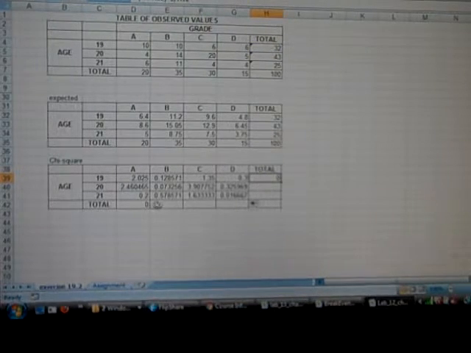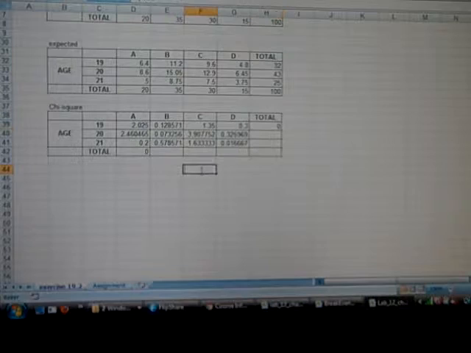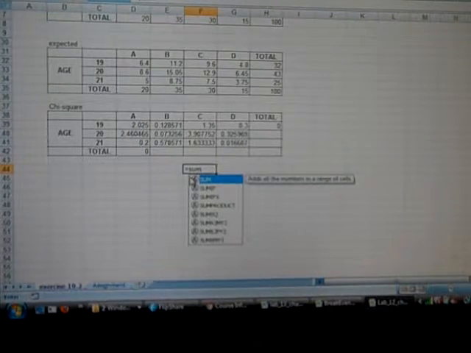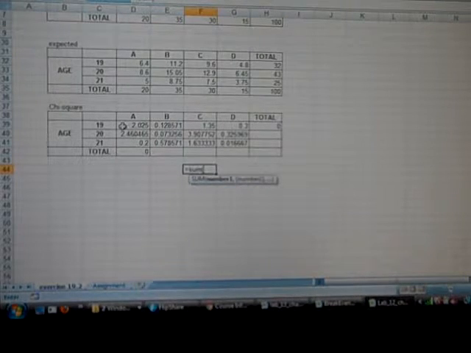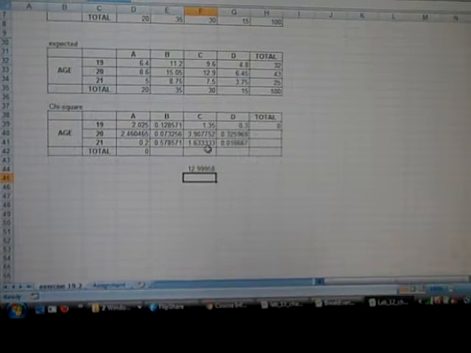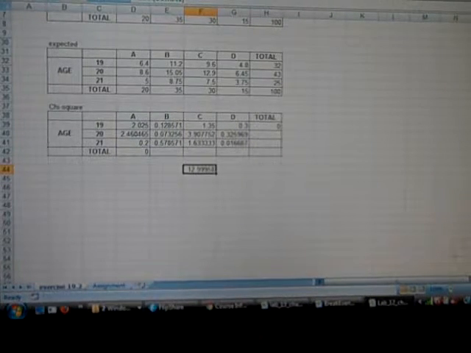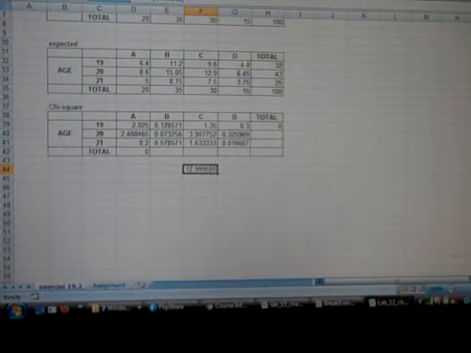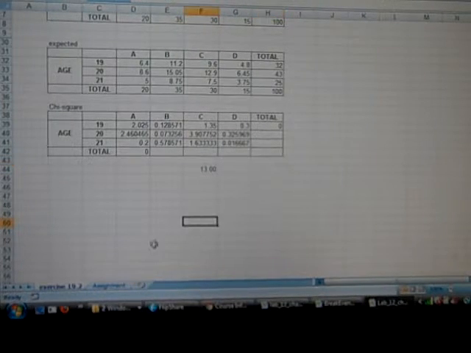Just look at these right here, but you do want to find the sum of the entire box. So just put sum, highlight the entire box, and you're going to get 12.99. I'd like to actually round this off to 13, just to make it a little easier for you to understand.